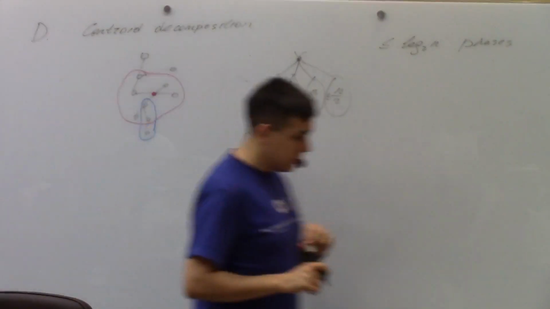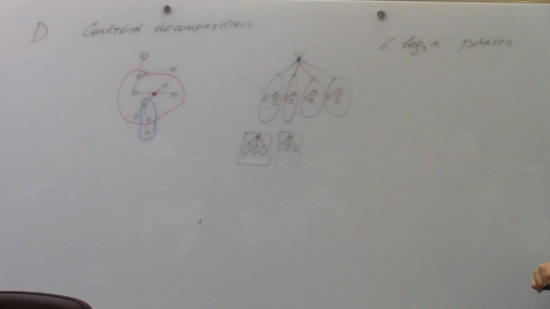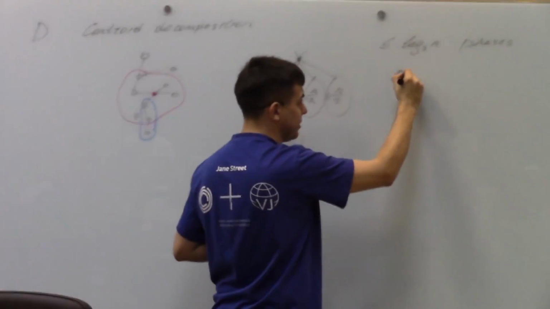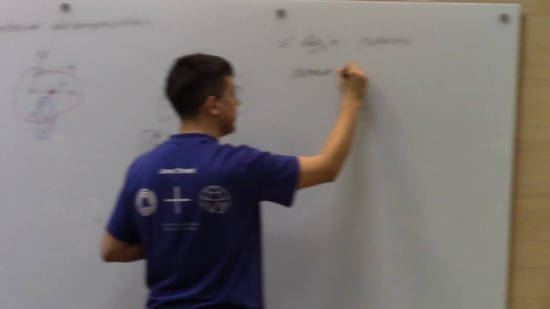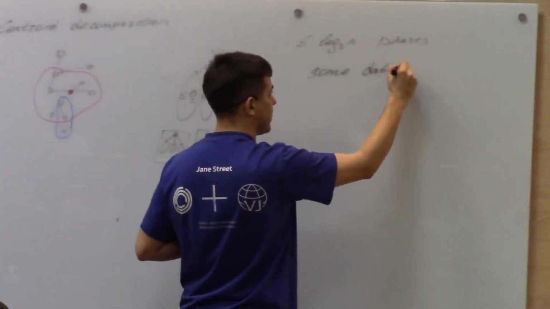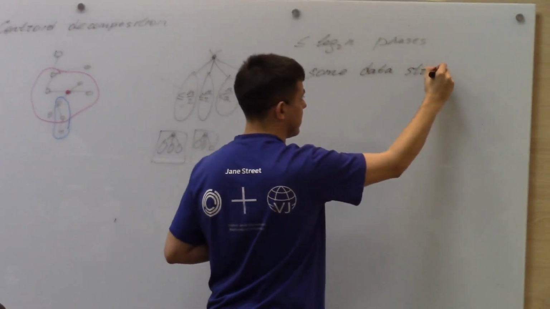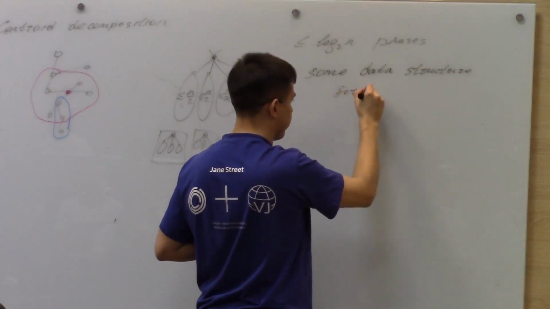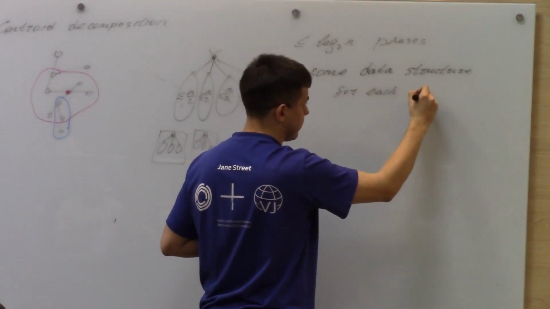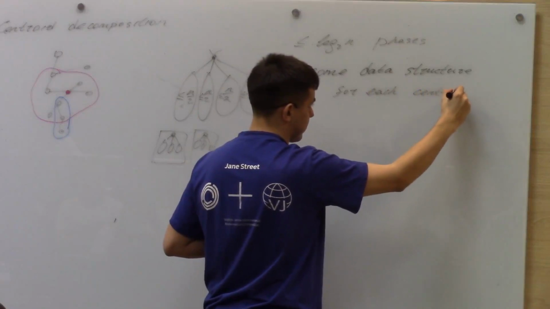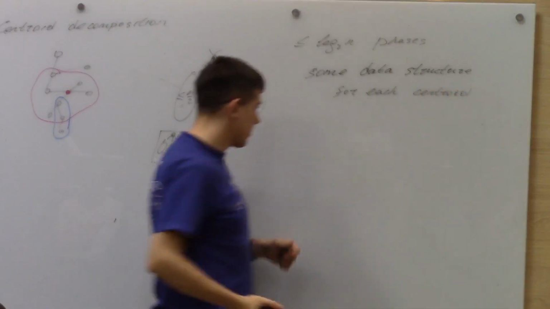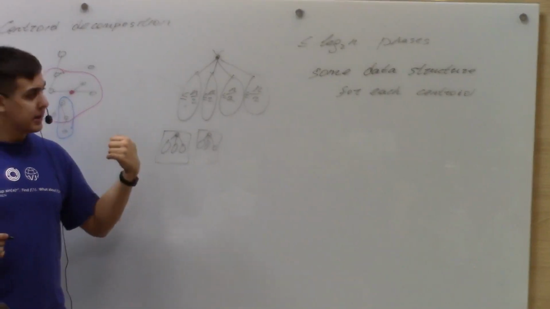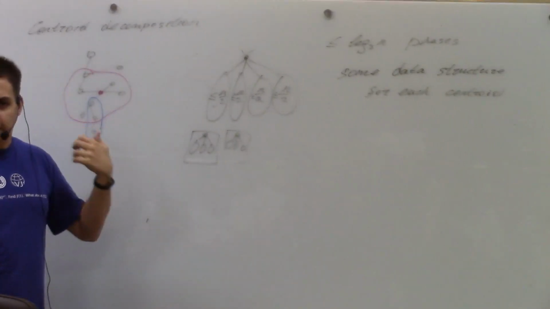But for now, what I want from my centroid decomposition is some data structure for each centroid. And for every vertex, I will store the list of centroids.